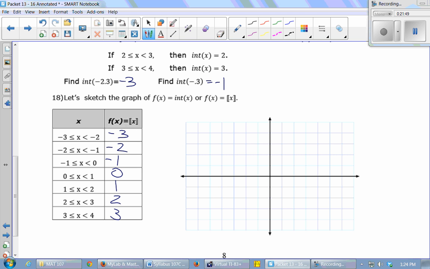Okay, so let's graph this. So at negative 3, if I were to plug in a negative 3, I get negative 3. And I get negative 3 for every x value in between there until negative 2, right? But not when I plug in a negative 2. When I plug in negative 2, I get negative 2 because no rounding is necessary. And then between negative 2 and negative 1, I always get negative 2. And then when x is between negative 1 and 0, I get negative 1.